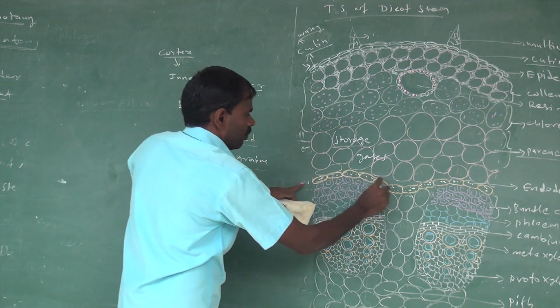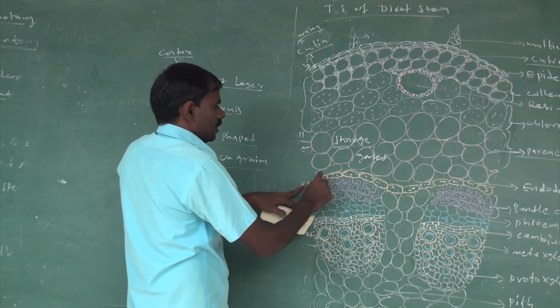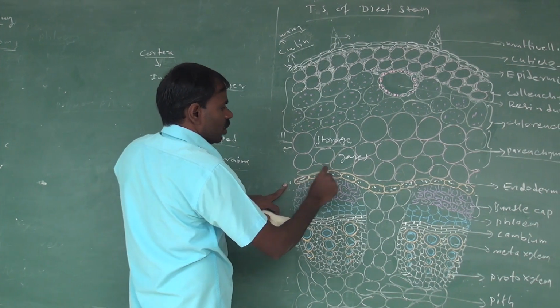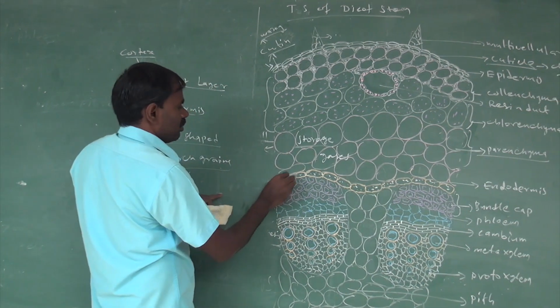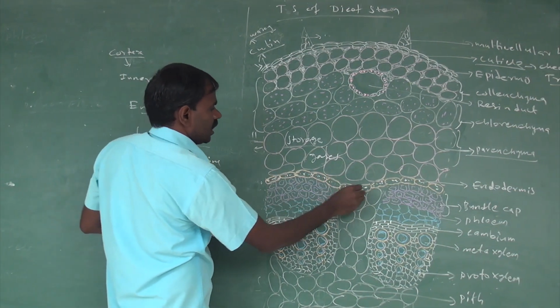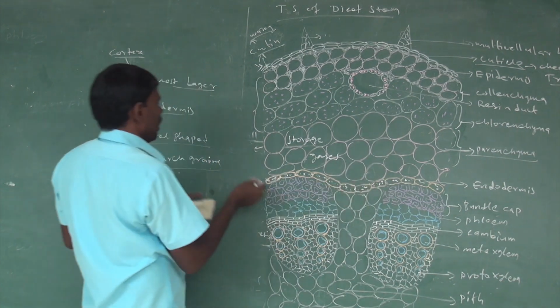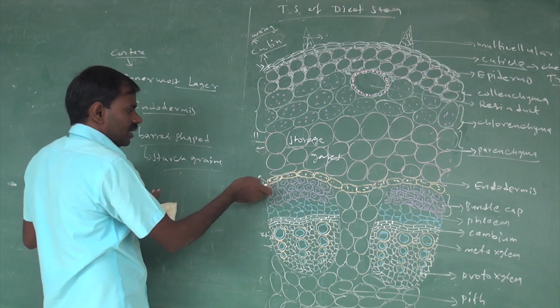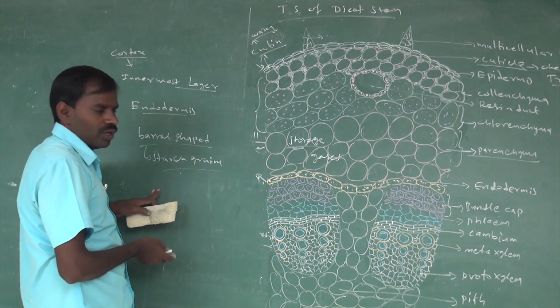It is tightly packed, without intercellular space. It is the innermost layer of the cortex. Which one is the innermost layer of the cortex? The endodermis.